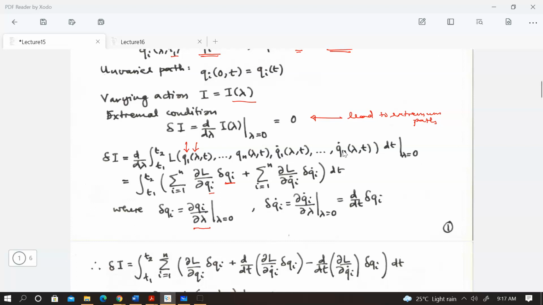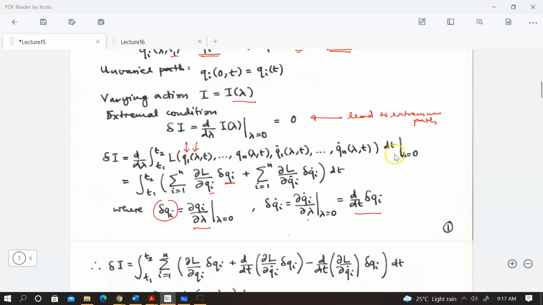Then the other set of variables that we have over here are your generalized velocities. So you take the derivative of your Lagrangian with respect to the velocities, and then your velocities with respect to your parameter. And over here we think of this as the same as the time derivative of the variation of your path given over here.